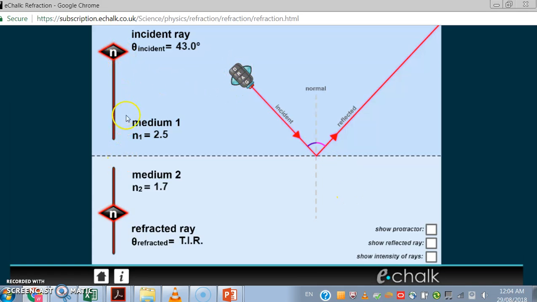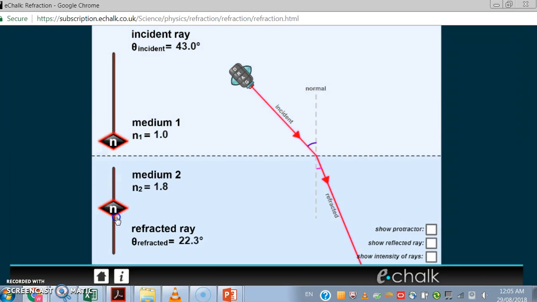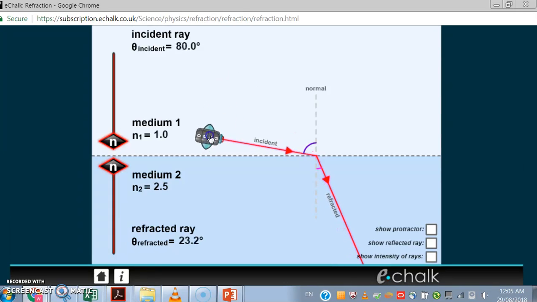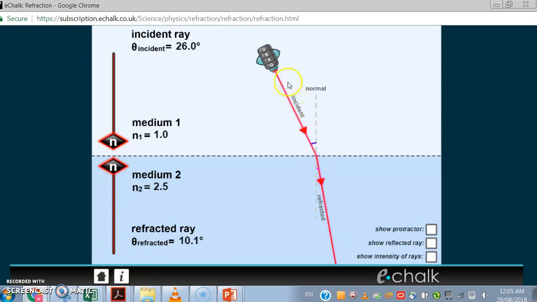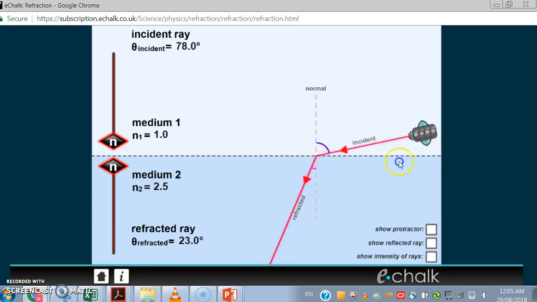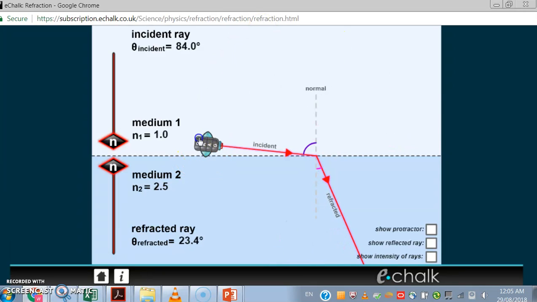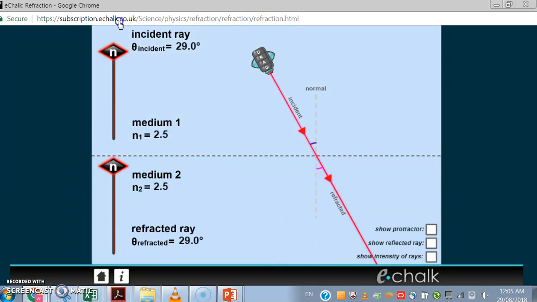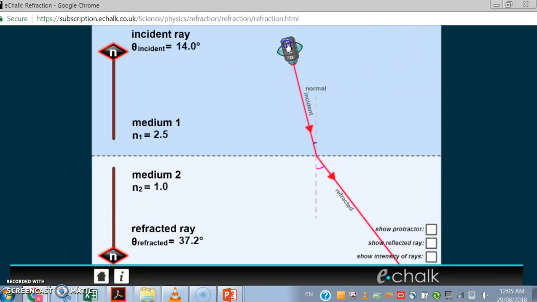You can see here, let's say I have something moving from less dense into denser. This one has a refractive index of 1, this one a refractive index of 2.5. As I increase my angle of incidence, I will always have a refracted ray. So I will never have total internal reflection. But if I shift it the other way around, look at this.